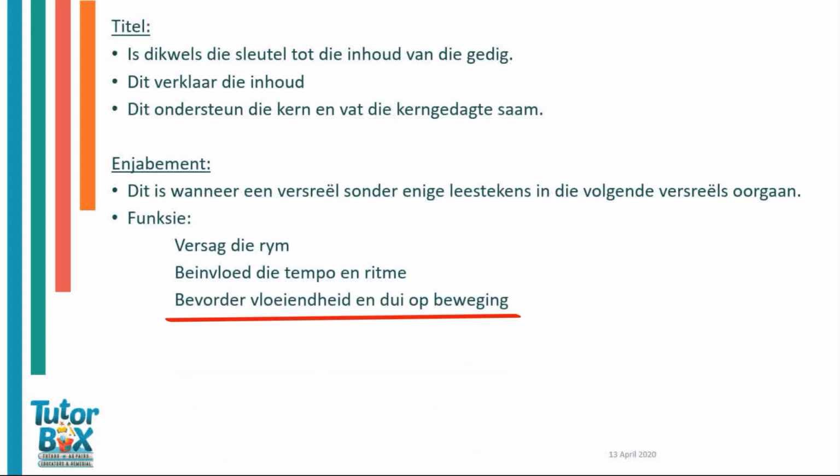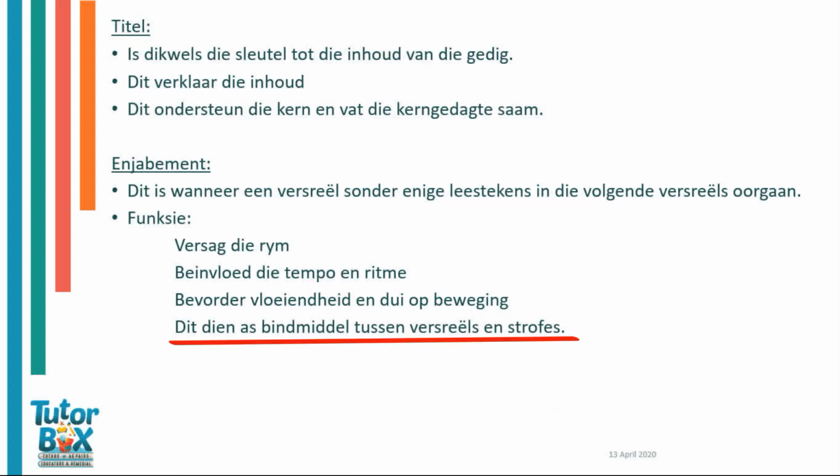Bevorder vloeiendheid en dui op beweging. Okay, so it shows movement. So it's just flowing. Dit dien as bindmiddel tussen versreëls en strofes. Okay, so that just means that they're combining the paragraphs and then the sentences.